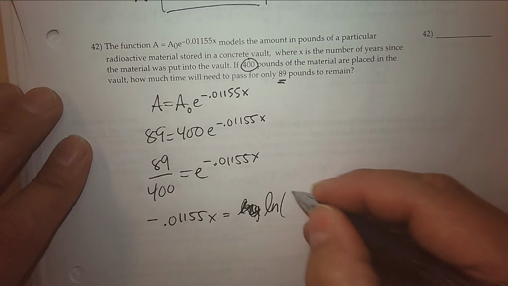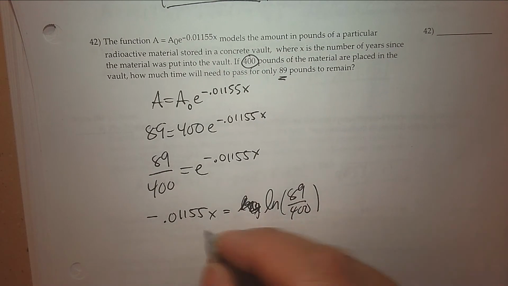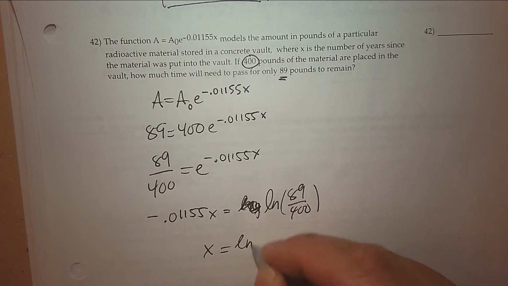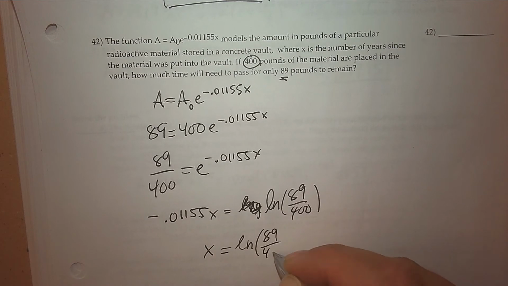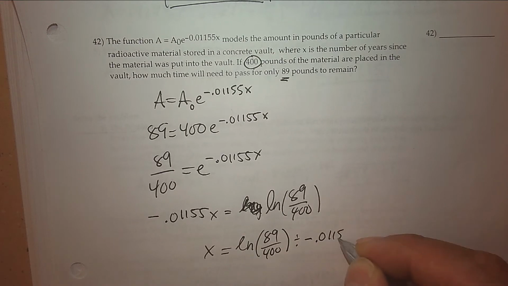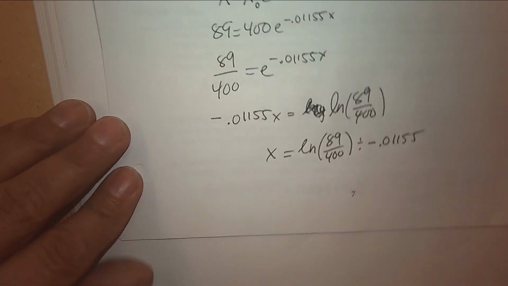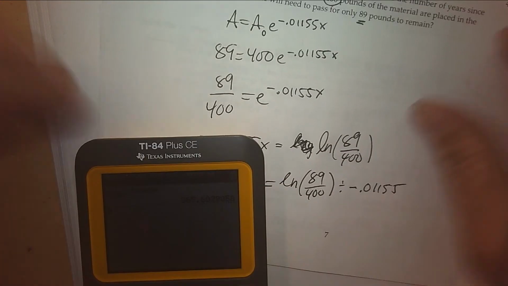And then inside the logarithm is 89 divided by 400. To get x by itself, we're going to divide. So we have ln of 89 over 400 divided by negative 0.01155. So that's what I'm going to put in my calculator. That will tell me how many years it would take to decay to that amount.